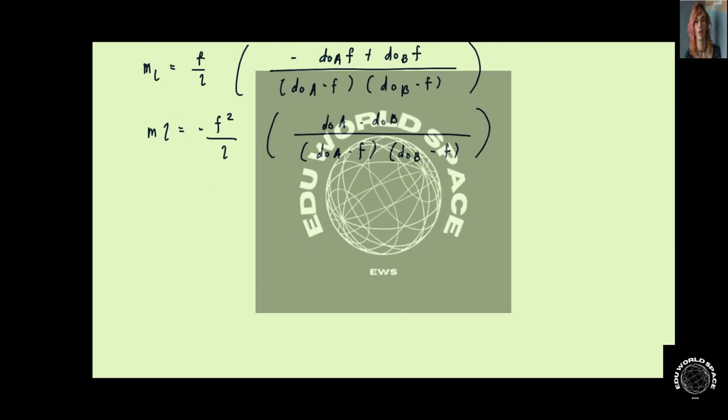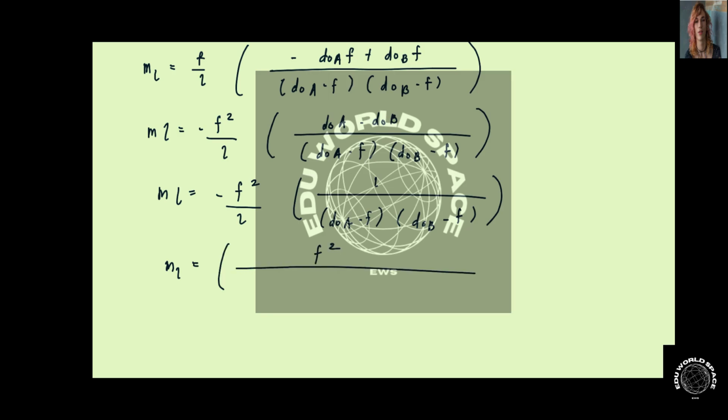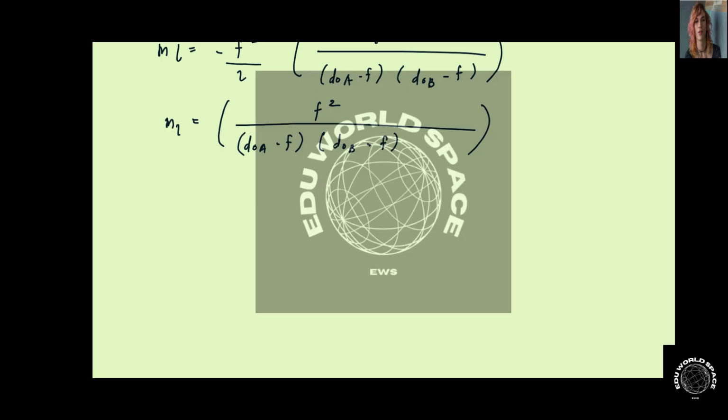And ML will be equal to negative F raised to the power of 2 divided by L, times L divided by DOA minus F times DOB minus F. So ML is equal to negative F raised to the power of 2 divided by DOA minus F times DOB minus F. Now here, we know that DOA minus DOB is equal to L, but L is very small, so we can approximate that DOA and DOB will be equal to DO.